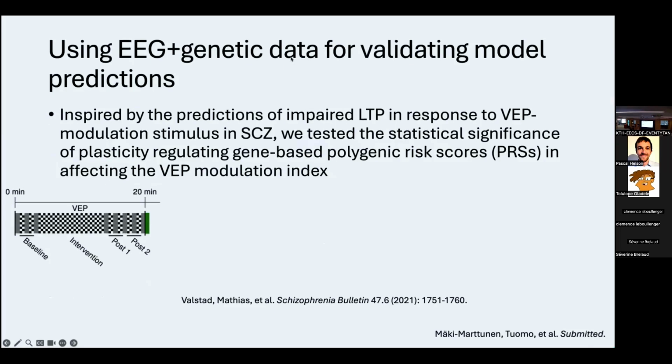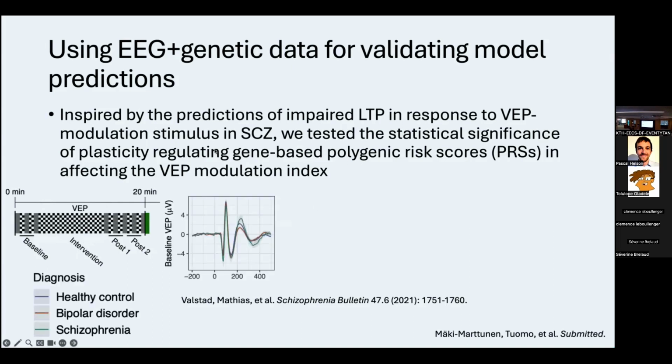Finally, we wanted to validate our model predictions. Our collaborators have indeed collected this data from hundreds of patients and healthy controls. And we wanted to see if there is something in the polygenic risk score of schizophrenia in these participants that could explain the strength of this modulation, or LTP-like plasticity, of the VEP. And we focused on those genes that we believe to be involved in postsynaptic plasticity.